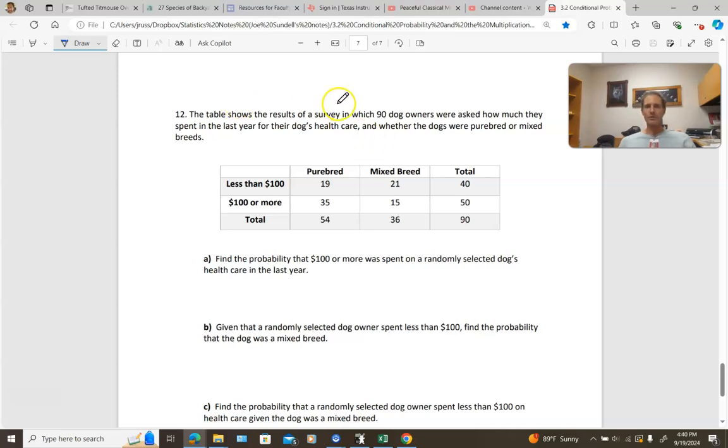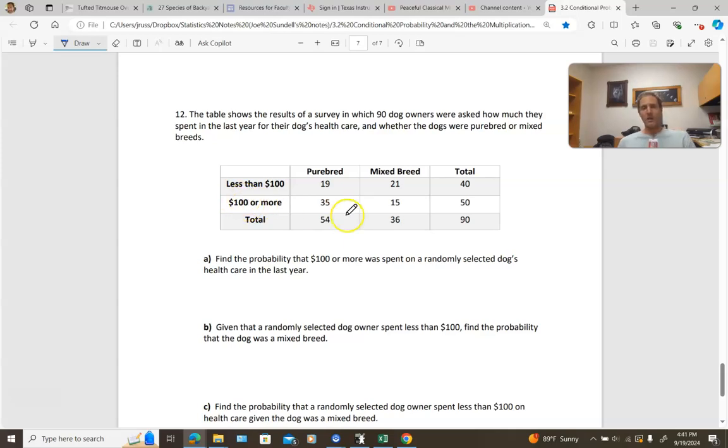So the table shows the results of a survey in which 90 dog owners were asked how much they spent in the last year for their dog's health care, and whether the dogs were either pure breeds or mixed breeds. So it looks like there's a total of 90 dog owners. 40 of those 90 spent less than $100 in health care, and 50 of those 90 spent $100 or more.